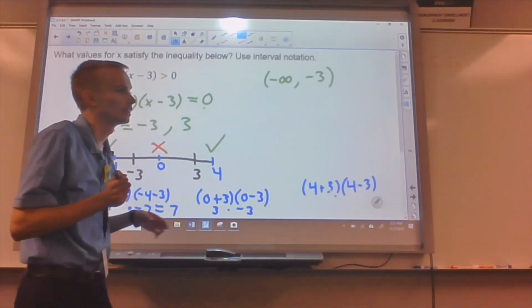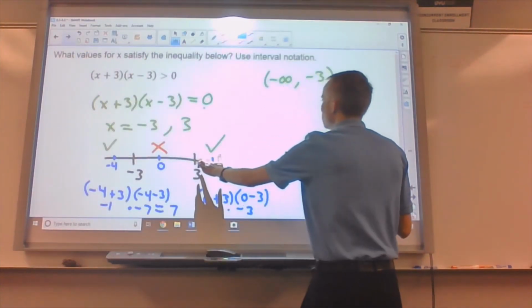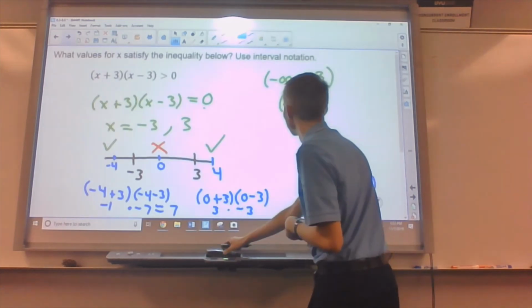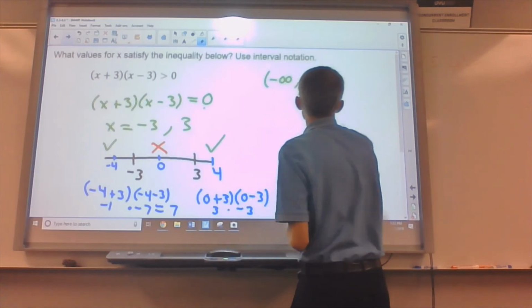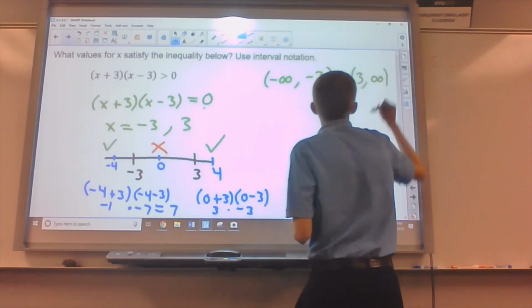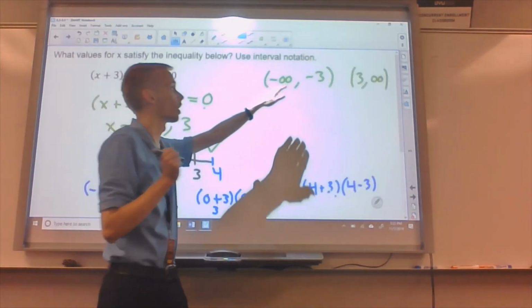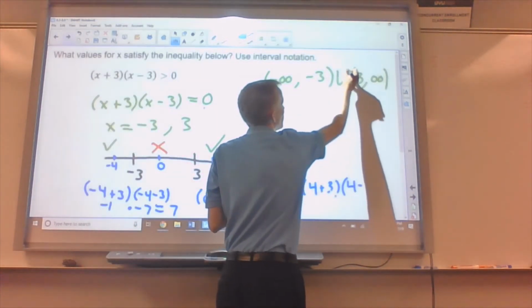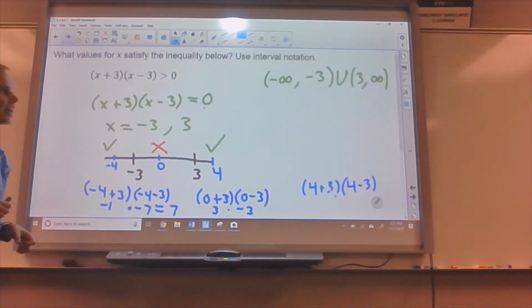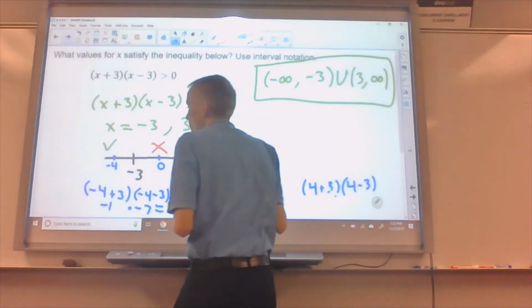We're not having it equal 0, okay? And then my other interval is from 3 to infinity. So these are the two places where it will work. I just throw a union symbol between them, meaning it can be in either one of those places and work. And this would be our final answer here.